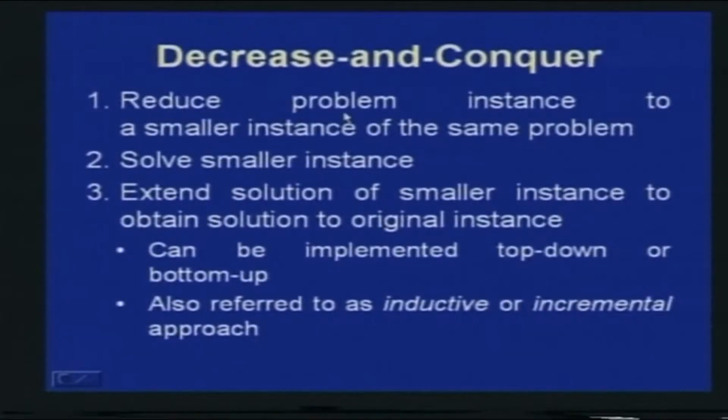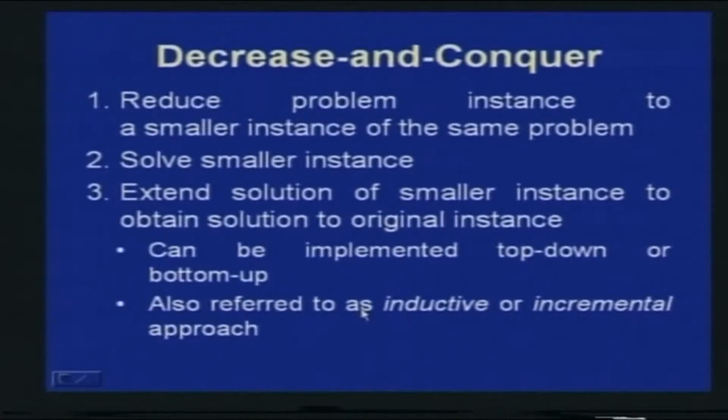So, now let us go to a more generalized case of decrease and conquer. Here what we do is we reduce the problem instance to a smaller instance of the same problem, solve the smaller instance, there we were talking about sub problem, here we are talking about instance, and extend the solution of the smaller instance to obtain the solution to the original instance. Now, this can be implemented top down or bottom up.